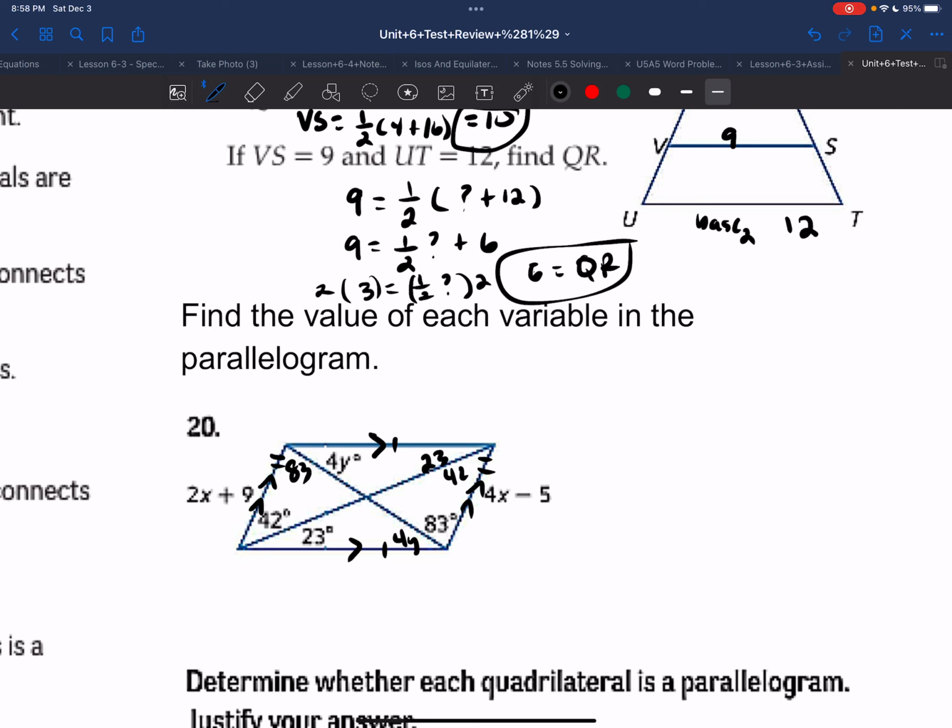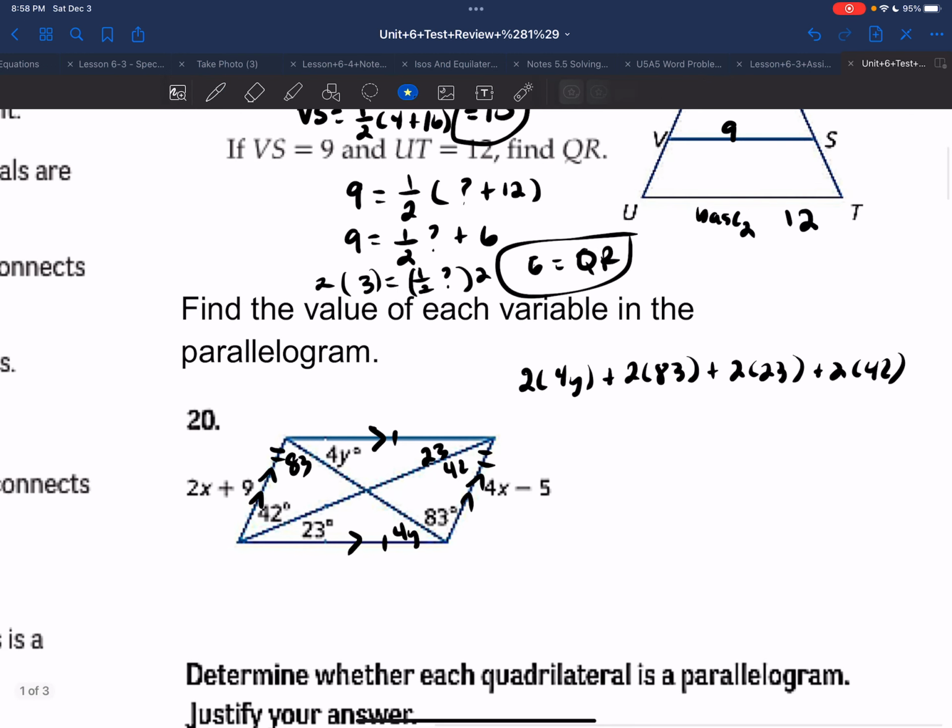So since there are doubles of everything here, we have two 4y's, two 83's, two 23's, I need to just write 2 times 4y plus 2 times 83 plus 2 times 23 plus 2 times 42. Oops, sorry.